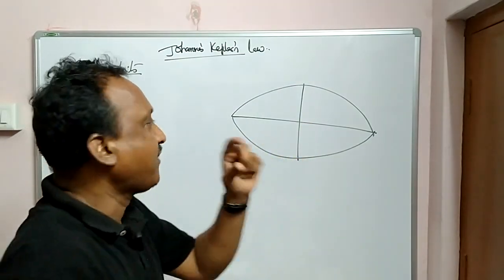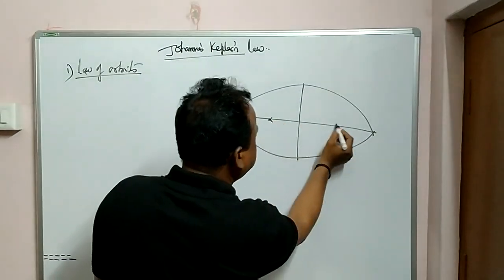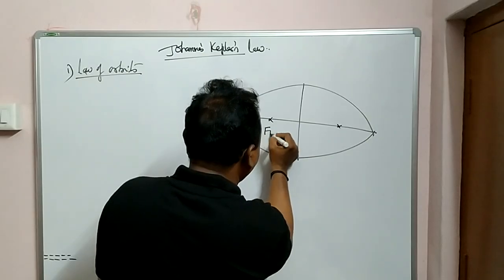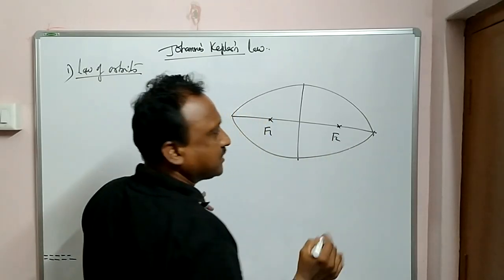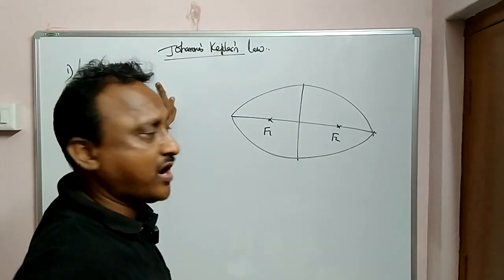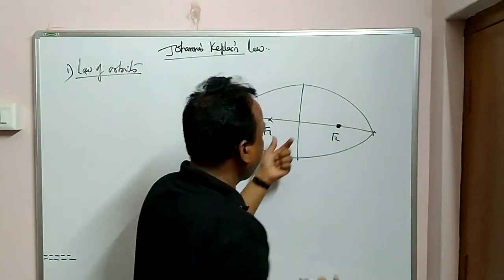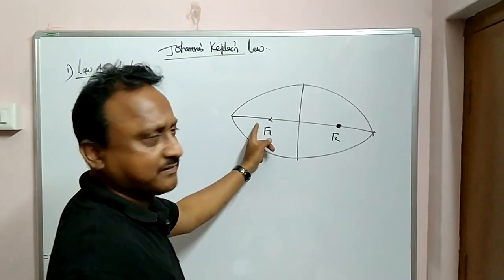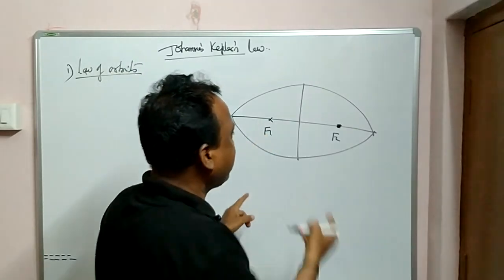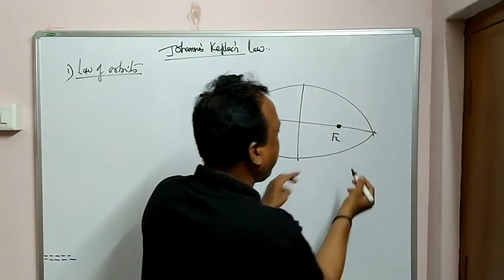To form an ellipse, 2 foci are required, F1 and F2. So what is the first statement, the law of orbits, saying? The sun should be either here or here, at one of the foci. It is not at the center, it should be at a focus.